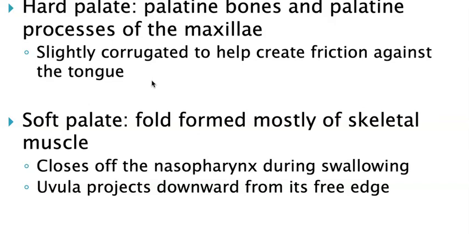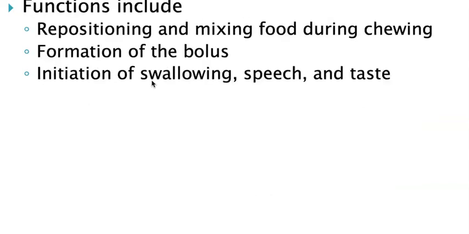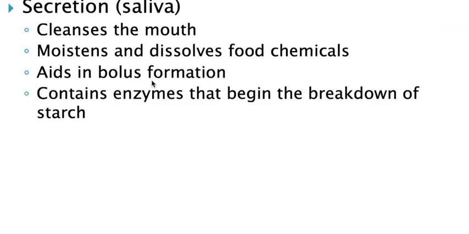Uvula prevents food from going up into the nasal cavity, and then that also has the stretch receptors that trigger the swallowing reflex. Tongue, important for repositioning food, part of the chemical sense of taste, but very little. Forms the bolus, also important for swallowing, speech, taste.